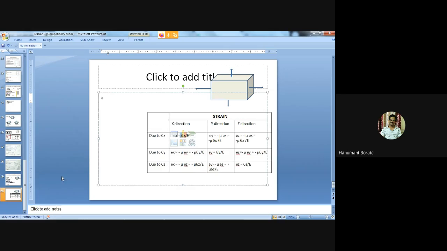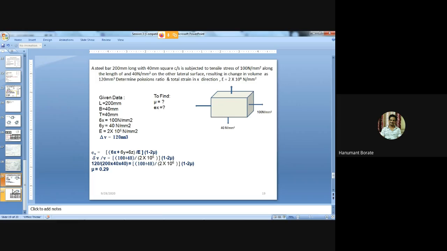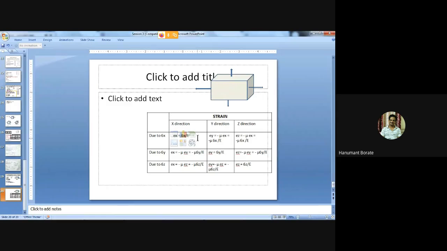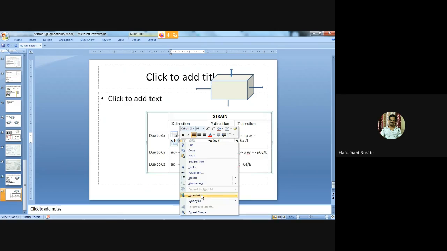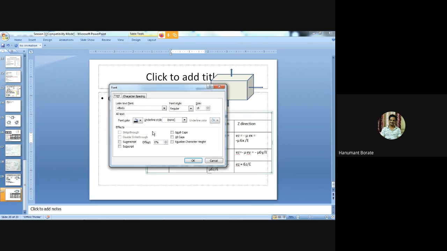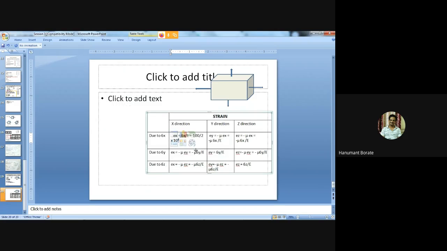Now in x direction stress is 100, in y direction 40. Now we need to calculate the strain in the x direction, meaning due to sigma x, Ex equal to sigma x by E equal to 100 divided by 2 into 10 raised to 6.